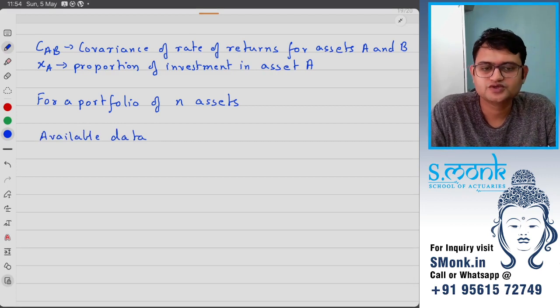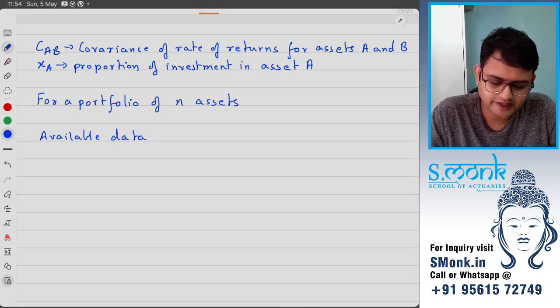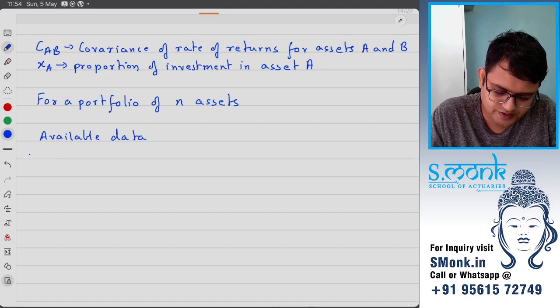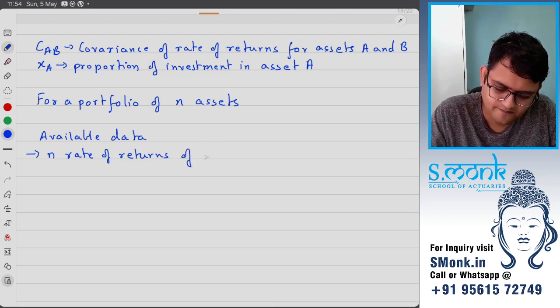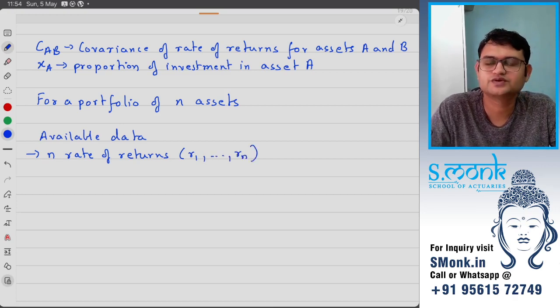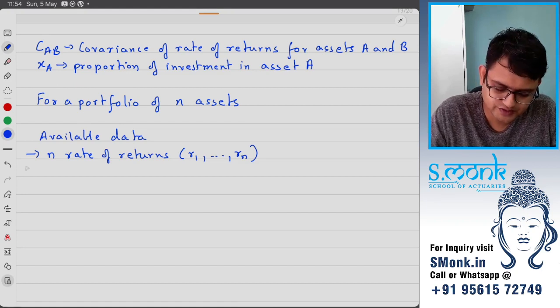The available data that we'll have is n rates of returns, r1 to rn, all of these values are available to us.